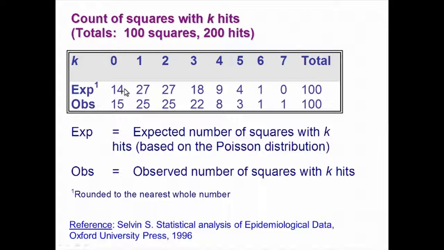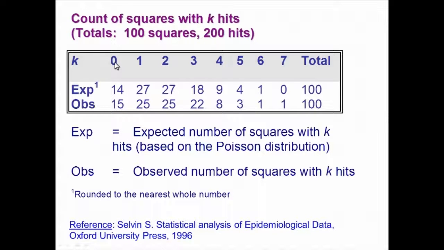So if we put k equals 0 here, we calculate 14. K equals 1, we calculate 27, and so on and so on. And it all sums to 100.